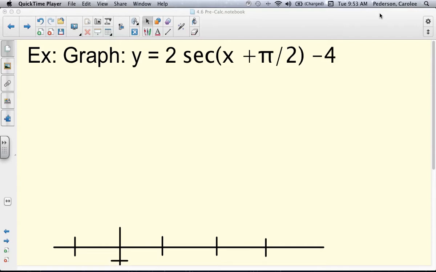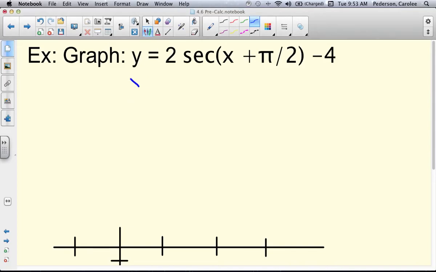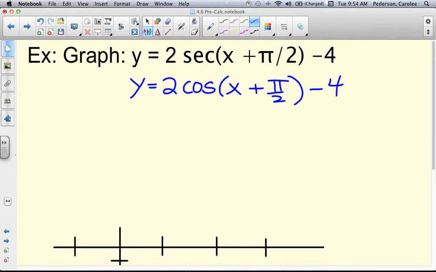So what I do is I just rewrite right below it 2 cosine of x plus pi over 2 minus 4. And then I focus on that blue function, identify all the pieces, all the changes from its parent, and then at the very end, I do the vertical asymptotes and then the flips, those parabolas.